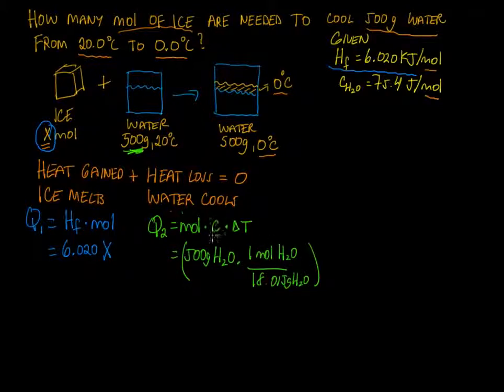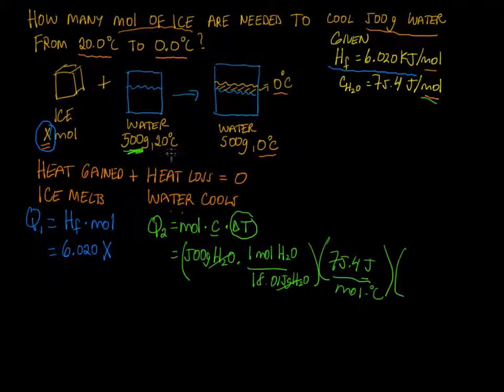The heat capacity is given to us per mole, so that's why we had to convert this to moles, so that the moles and moles would cancel. The heat capacity is 75.4 joules per mole per degree Celsius. And the change in temperature is something we need to figure out. Initially it's 20 degrees C and it cools down to 0.